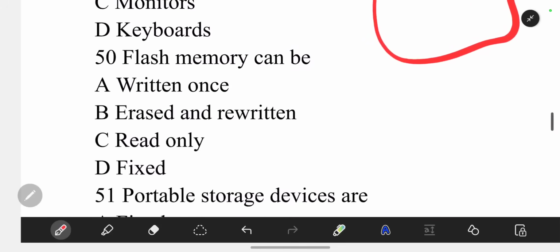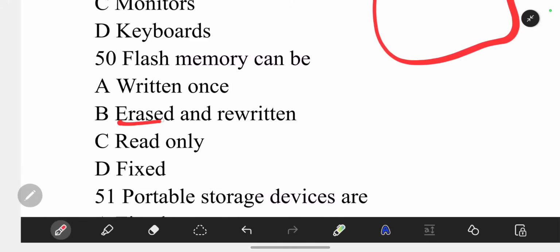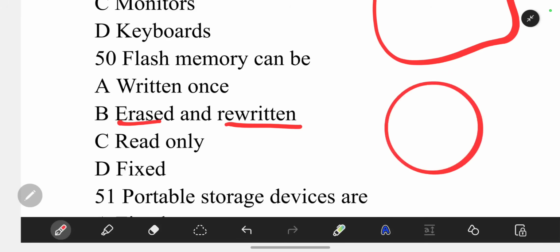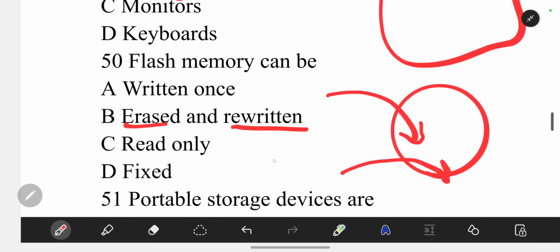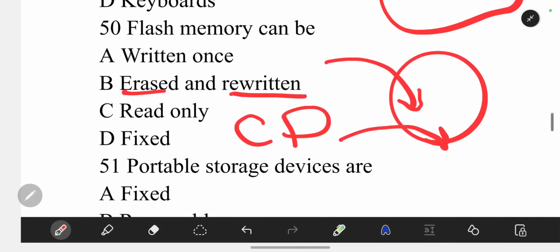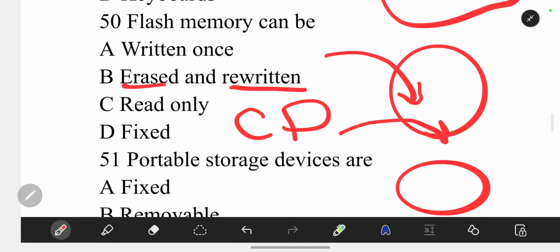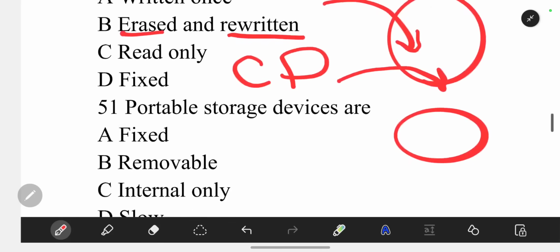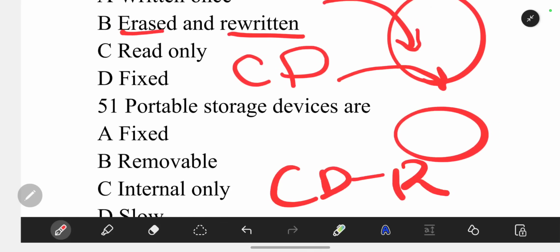50, flash memory can be erased and rewritten, meaning to say you can delete certain things but still add. You can reuse it as many times as possible. Some things you cannot rewrite, like for example the old version of the compact disc, whenever there are just movies there in the CD, you cannot delete them unless you are looking at a compact disc rewritable.